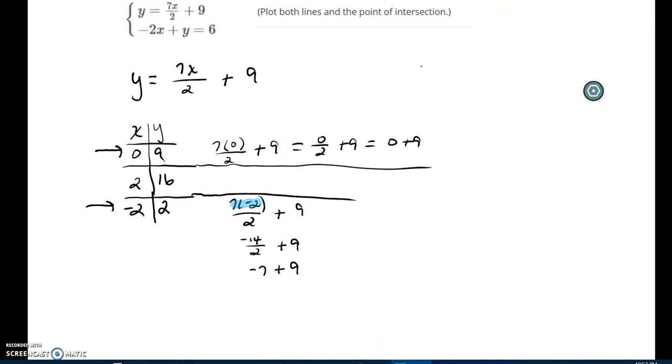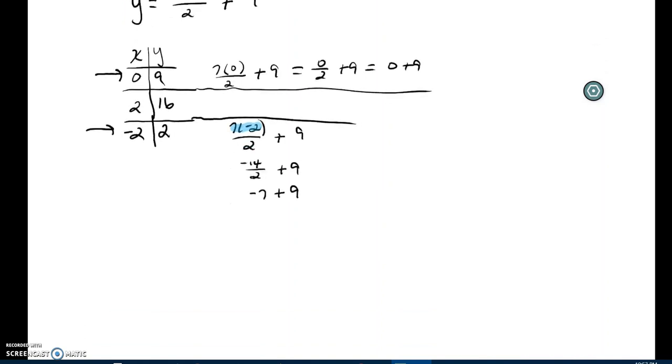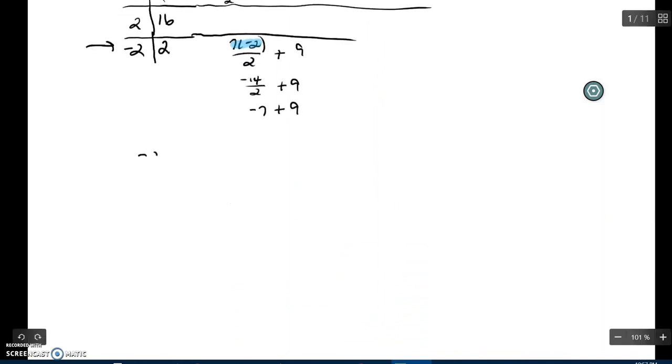Now, what about the second equation? That second equation is -2x plus y is equal to 6. Well, we could graph this one by using intercepts, and that would work out just as well.